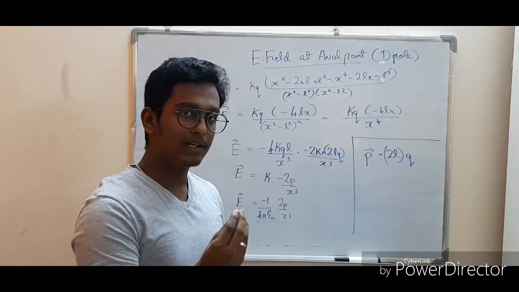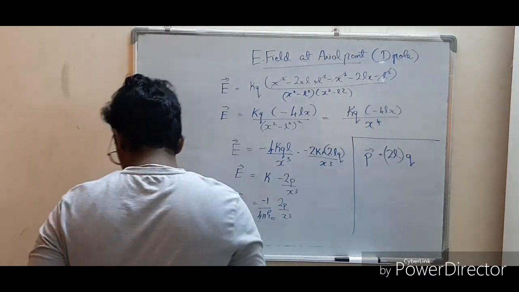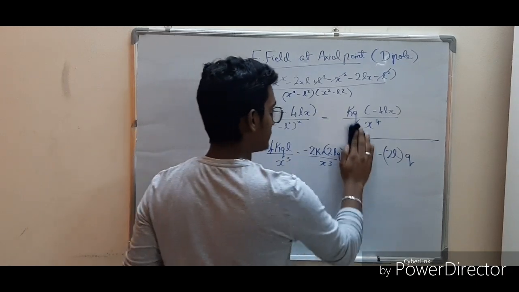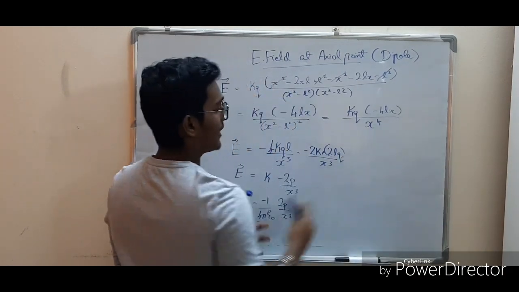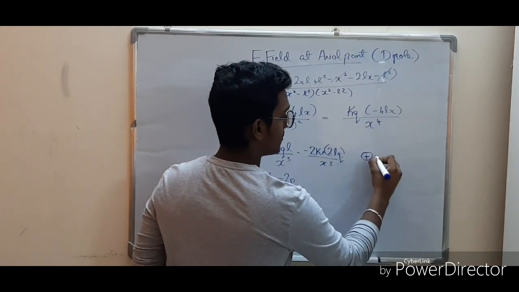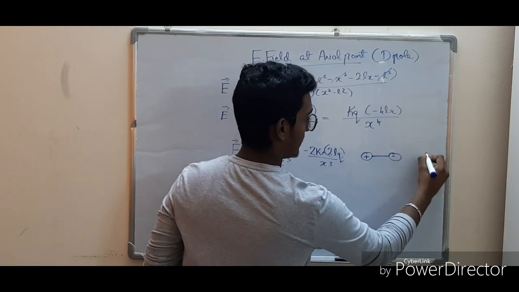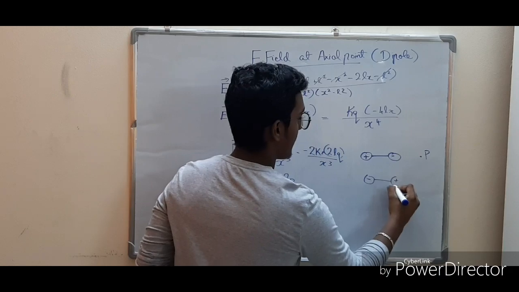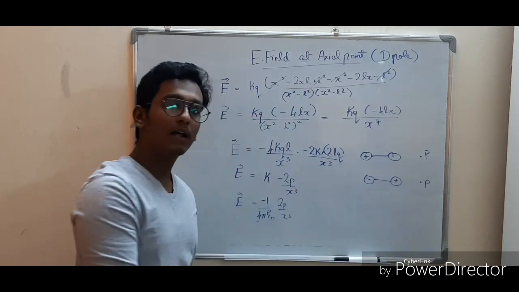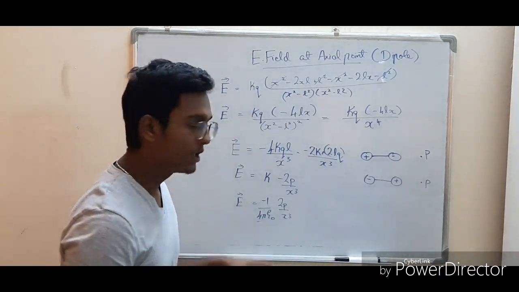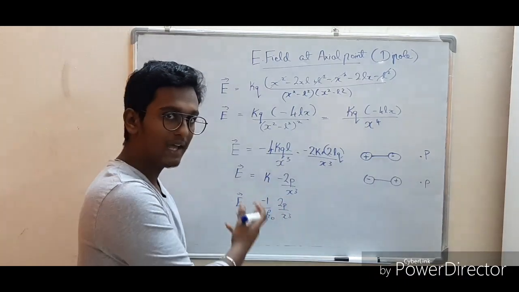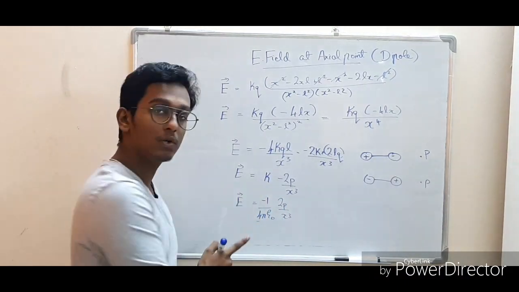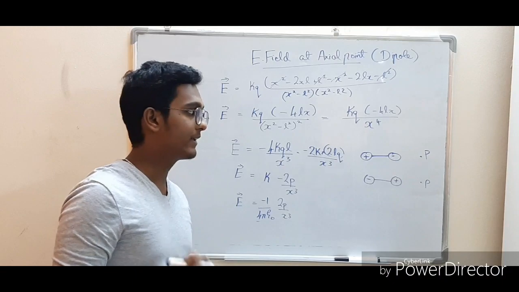If we would have taken the dipole with the opposite orientation, that is, instead of assuming the dipole to be like this, if we would have taken the dipole to be in this way, then the answer would have had a positive sign. So the negative sign does not make a difference here, it just shows the direction of the net electric field.